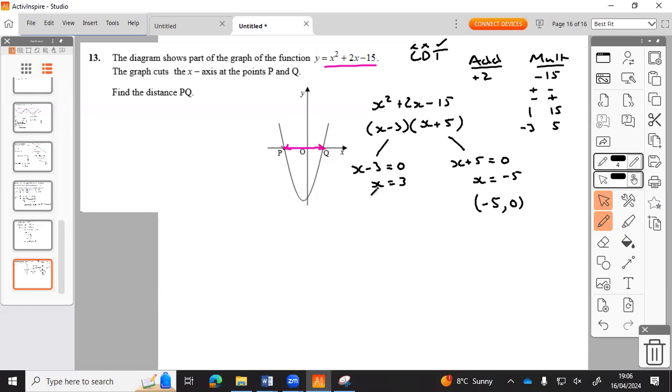My coordinates of Q is (3, 0). Now I've got where P is on the x-axis and where Q is on the x-axis. So the distance between them: to get from P to the origin, I'm going 5 units. To get from the origin to Q, I'm going another 3 units. So the distance is 8 units.